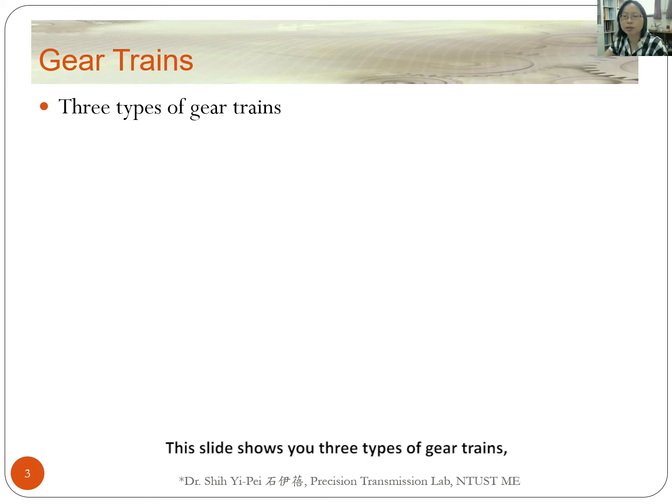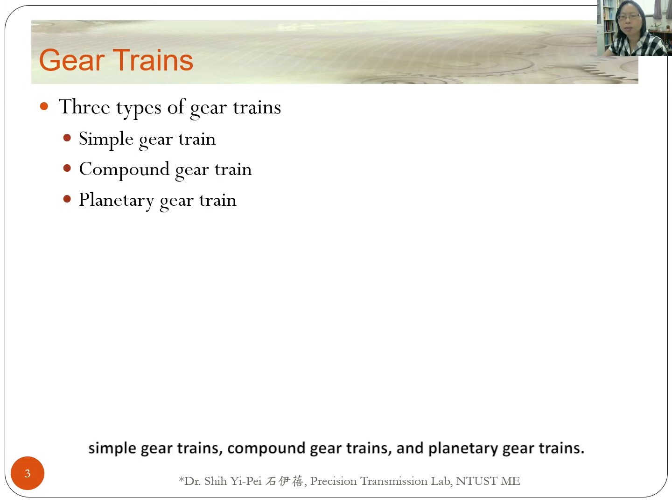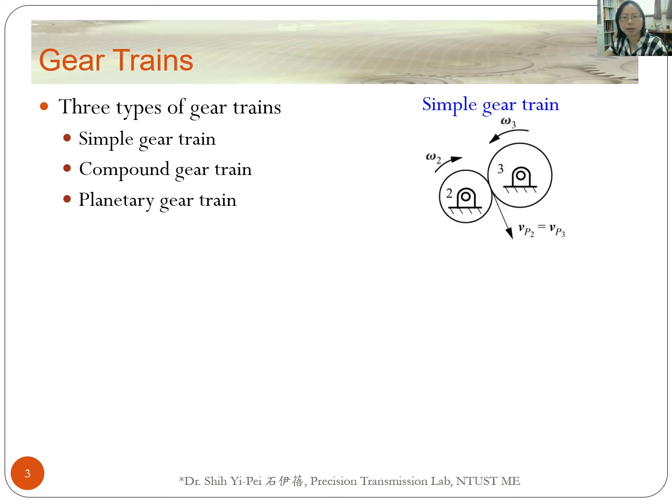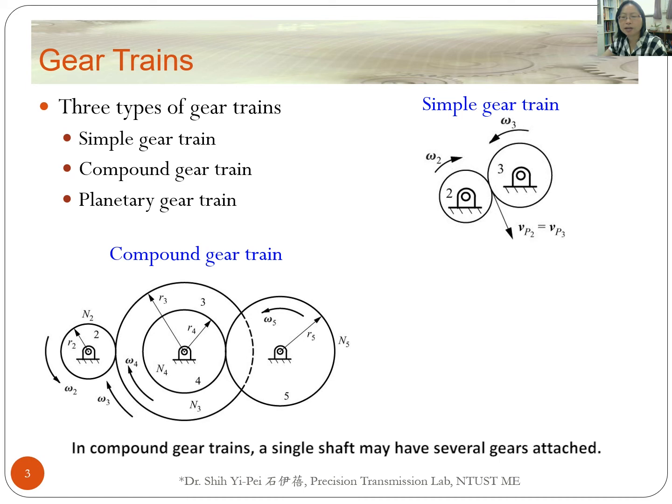This slide shows you three types of gear trains: simple gear trains, compound gear trains, and planetary gear trains. In a simple gear train, each shaft will have only one gear. In compound gear trains, a single shaft may have several gears attached.